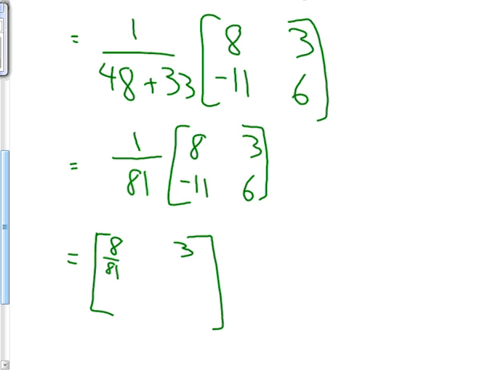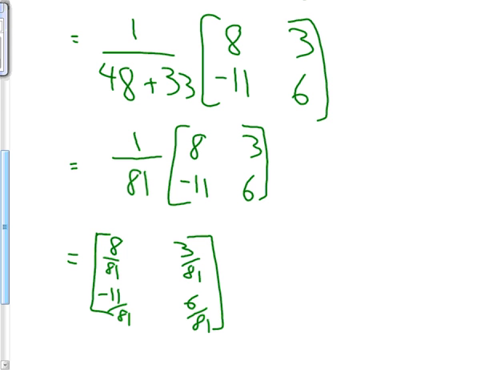3 over 81, we have 11 over 81, and 6 over 81. So, we're almost there.